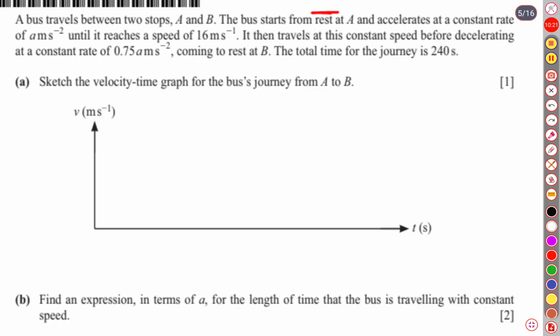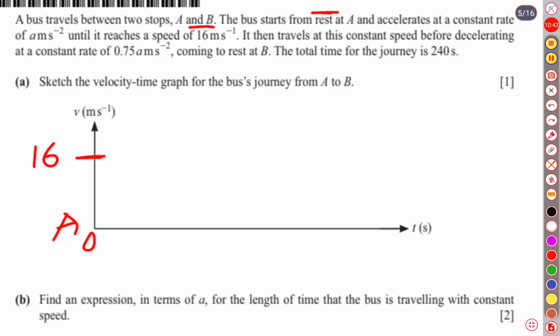It may be A over here. Okay, this is A, and it started from 0. Let it be the maximum velocity of the bus, which was 16. So let us write over here 16.